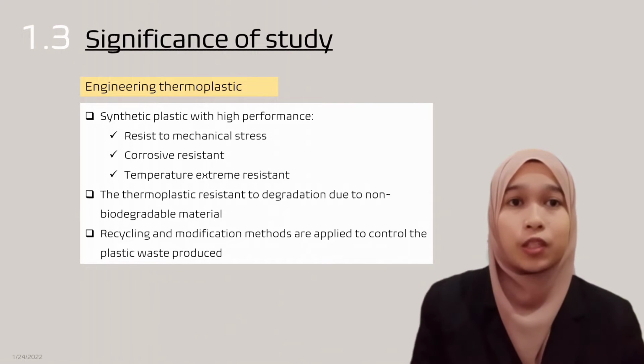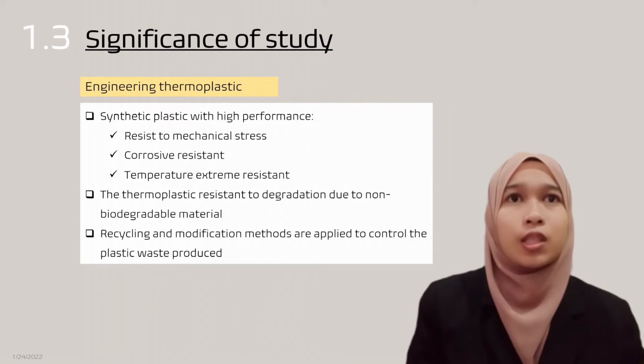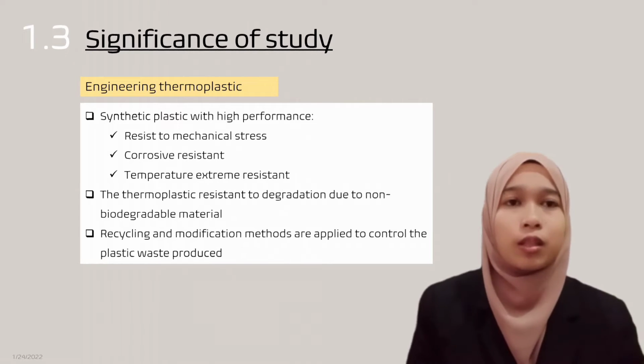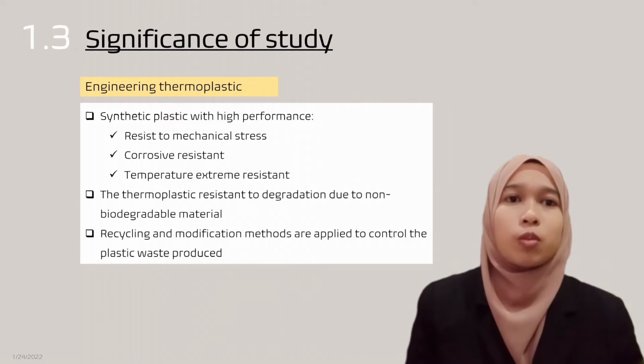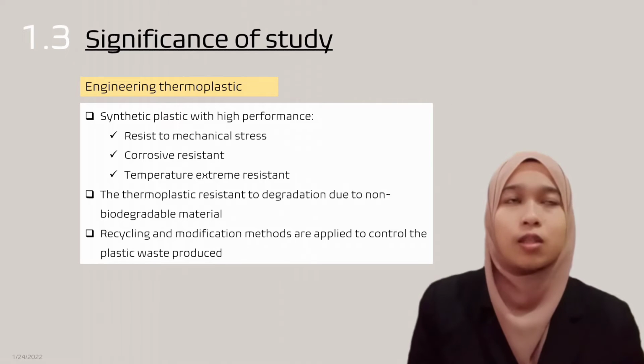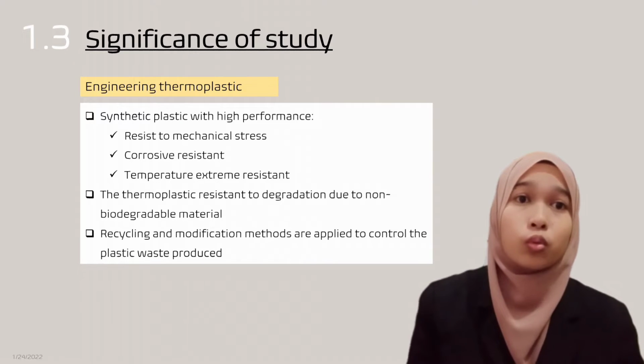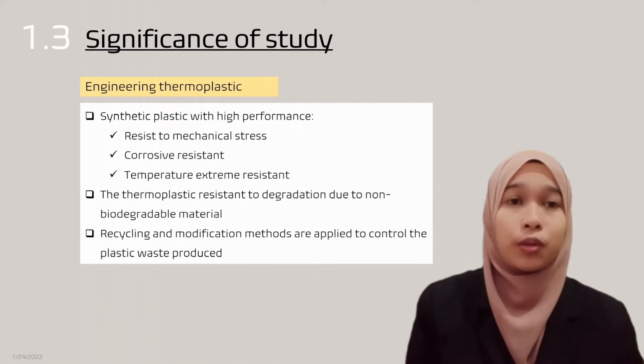Next is significance of study. Engineering thermoplastic is a synthetic plastic with high performance that resists mechanical stress, and is resistant to corrosion and temperature extremes. The thermoplastic resists degradation due to being a non-biodegradable material.